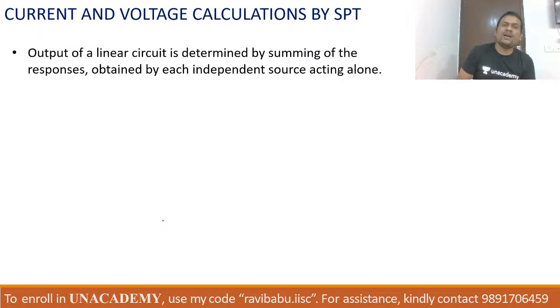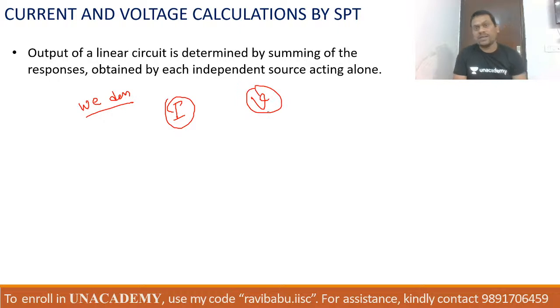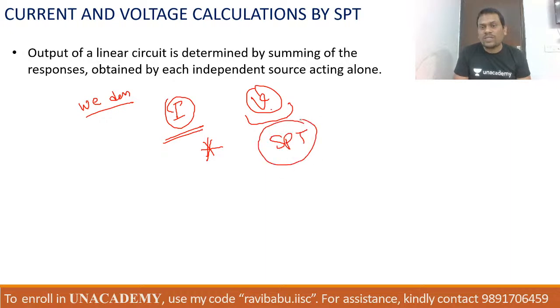Now the next thing, beta, current and voltage calculation by SPT. Please mind it. Listen to me carefully, beta. We don't have any restriction in the superposition theorem with respect to calculation of current I and calculation of voltage V. Sometimes, beta, the current calculation and the voltage calculation is not possible by the superposition theorem.